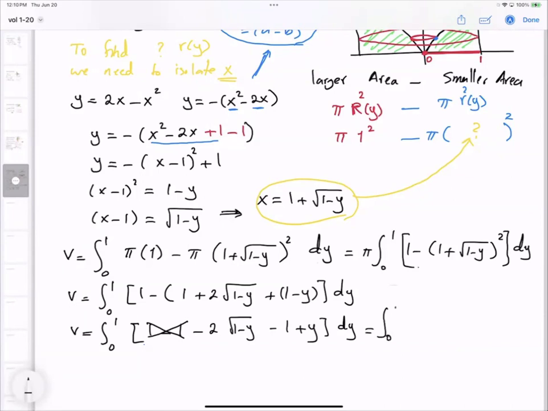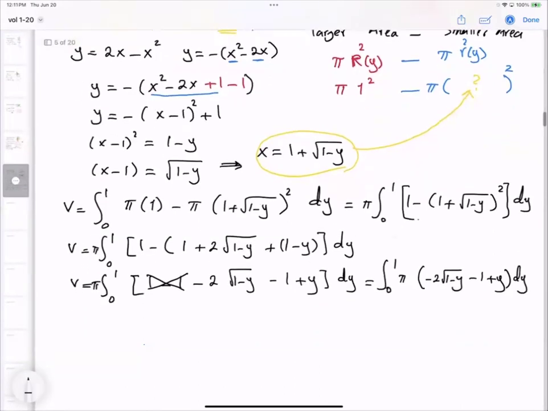You have 0 to 1, and let me not forget to add pi. And here you have negative 2 square root of 1 minus y minus 1 plus y dy. Very good. So let us continue.